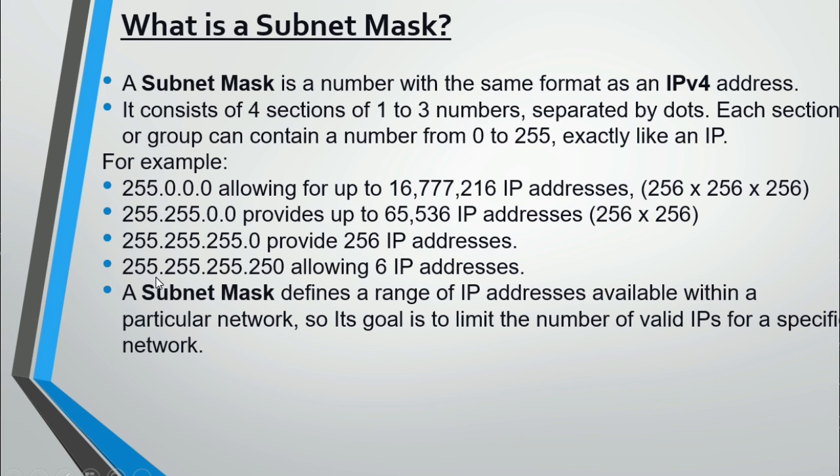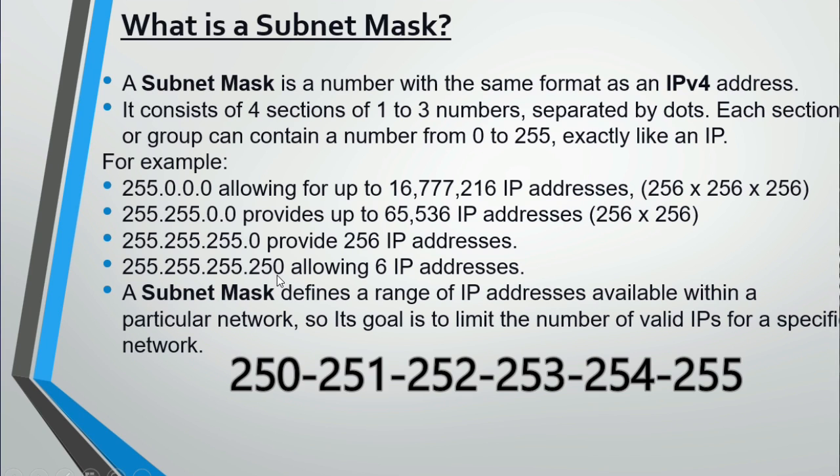For the fourth example, we have, as you see, 255 three times, dot 250. So this subnet mask allows just 6 IP addresses: 250, 251, 252, 253, 254, and 255.